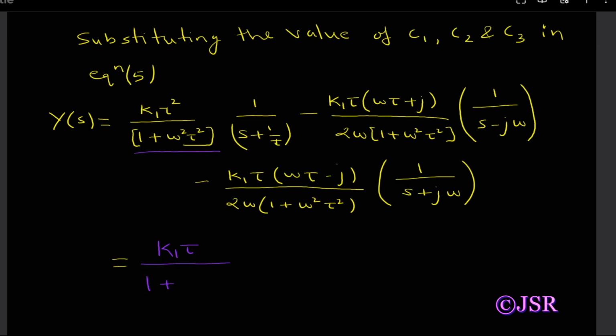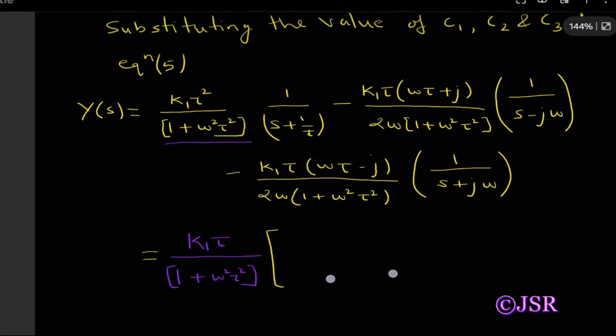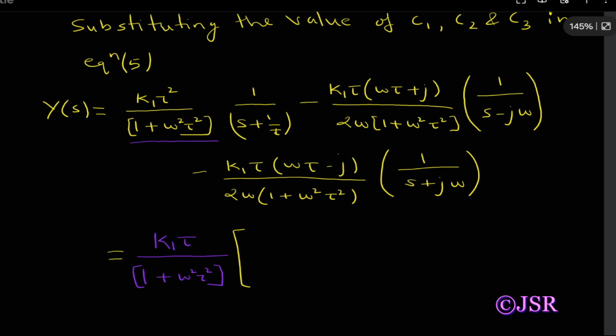So we can take k1 tau and 1 plus omega square tau square common, and we will put the other terms inside the bracket.